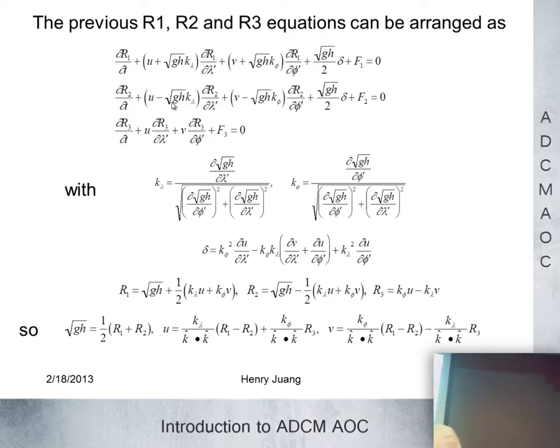If there is no forcing, it's dR1/dt equals 0. Then your forcing part has no gravity wave in it. So in this sense, it's very stable, and you can solve it very simply. After you get R1, R2, R3, you can use the relation to get your H and U.